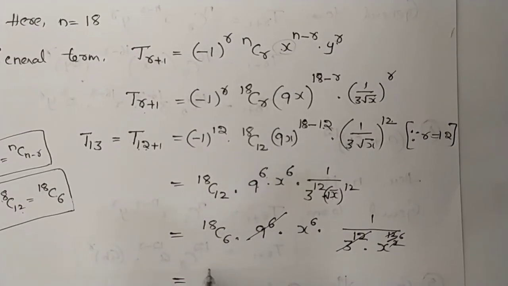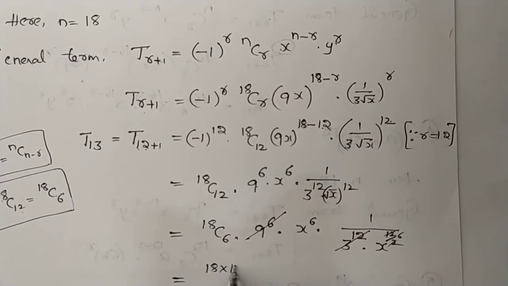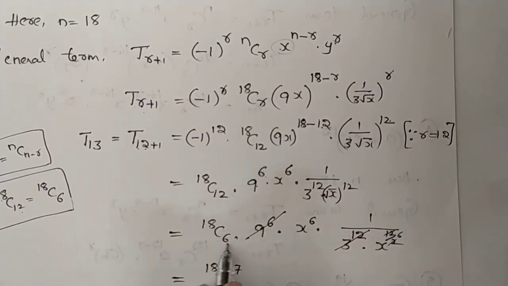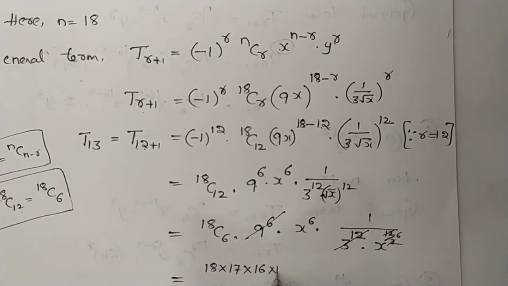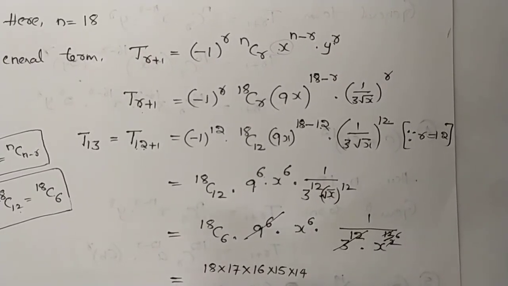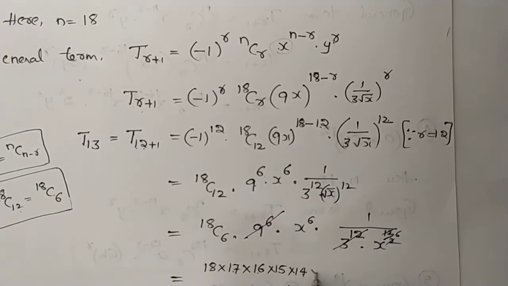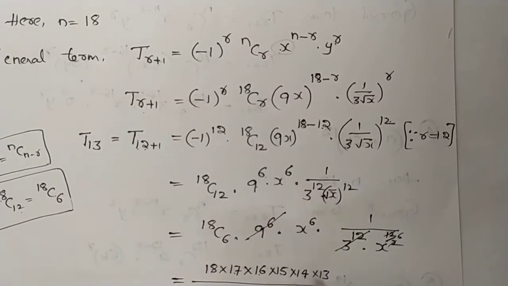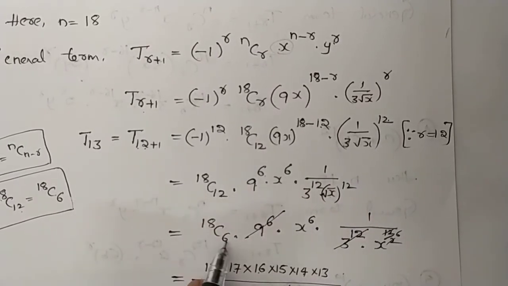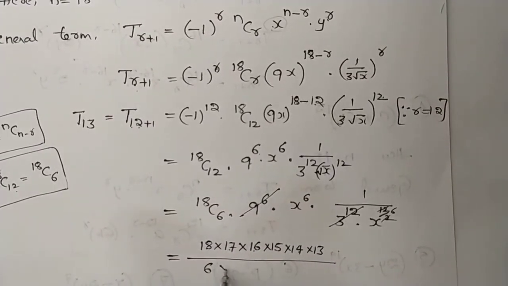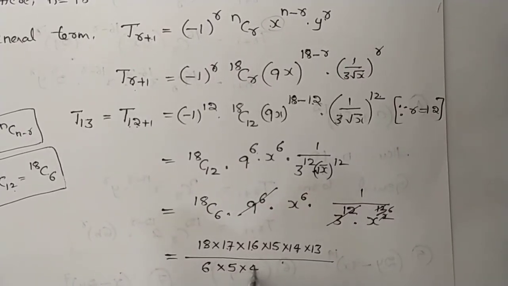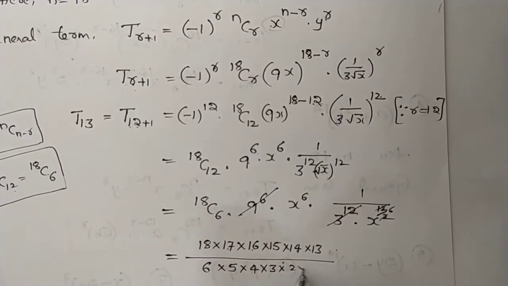How to find 18C6? 18 into 17, you just reduce this 18 up to 6 times: 18, 17, 16, 15, 14, 13, divided by, in the denominator, reduce this 6 till 1 comes: 6, 5, 4, 3, 2, 1.